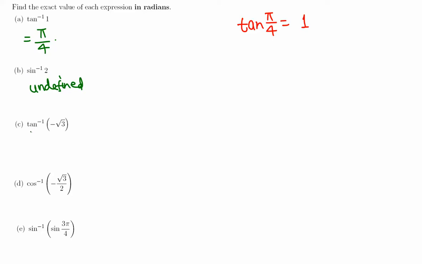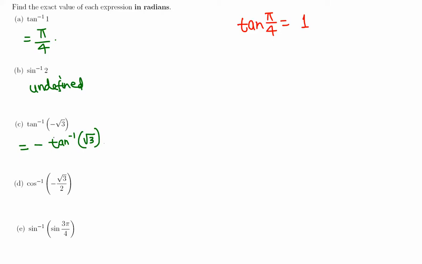In part C, tangent inverse of -√3. For sine inverse and tangent inverse of a negative, we can pull the negative outside. This is the same as negative tangent inverse of √3.